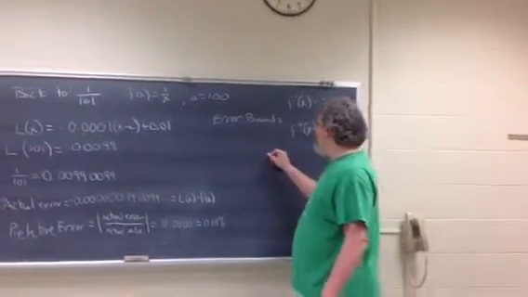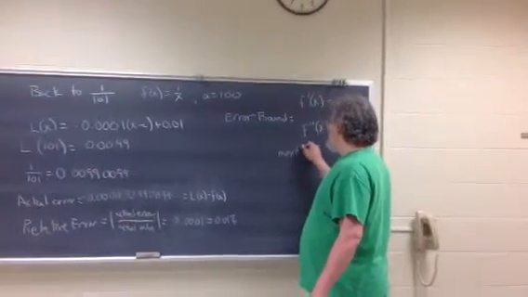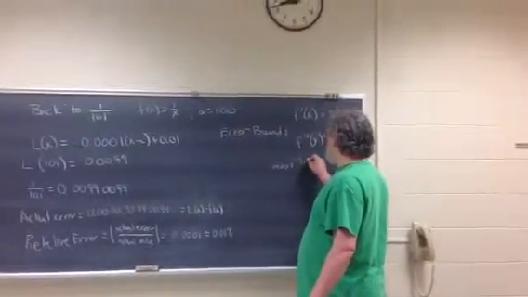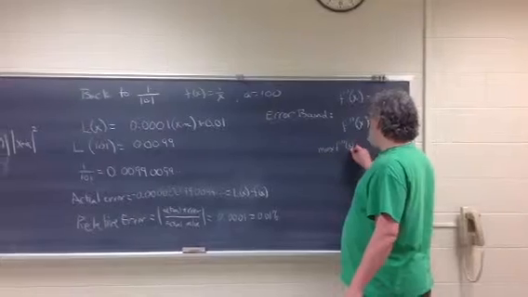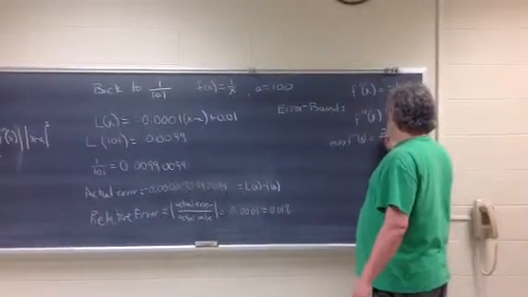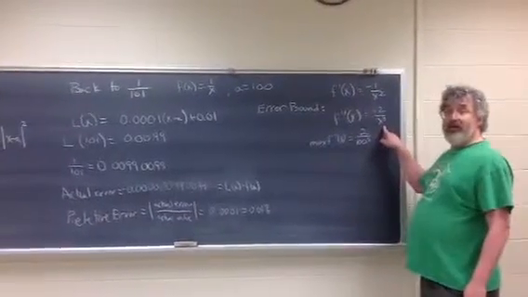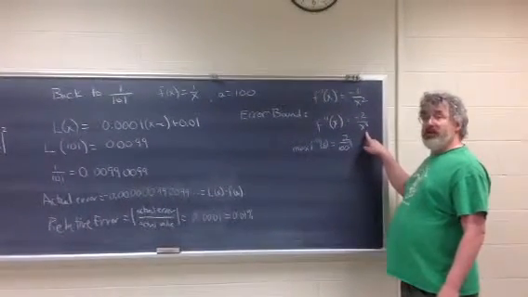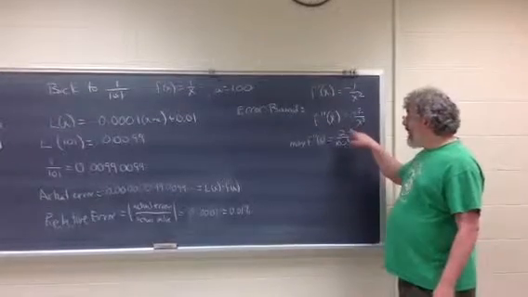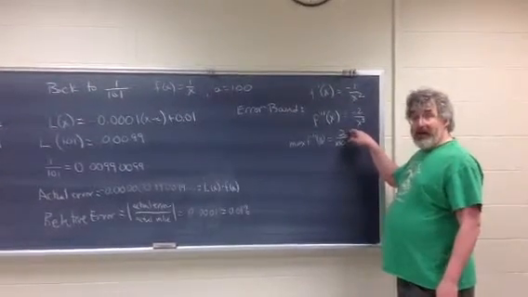So the max of f double prime of x, or I'll say f double prime of s, is going to be 2 over 100 cubed. I'm just putting 100 in here. Notice the 1/2 that was in the original formula for the error bound. That half and this 2 will balance out.